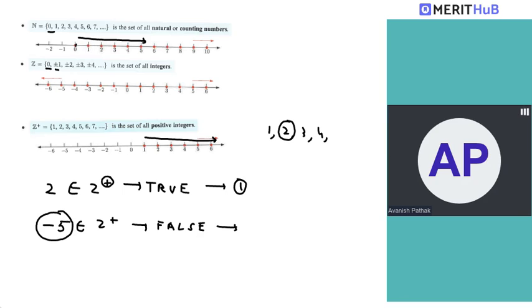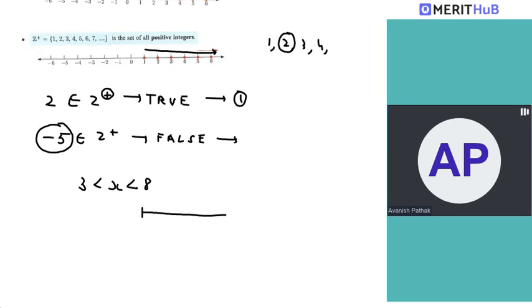So that's how we get questions based on these parts. Now moving ahead, we have interval notations on the number line. If I want to say that x lies between 3 and 8 on the number line, I draw the number line starting from 0 and write 1, 2, 3, 4, 5, 6, 7, and 8.